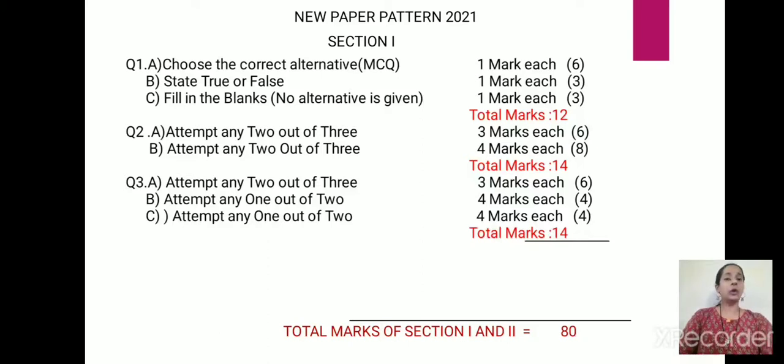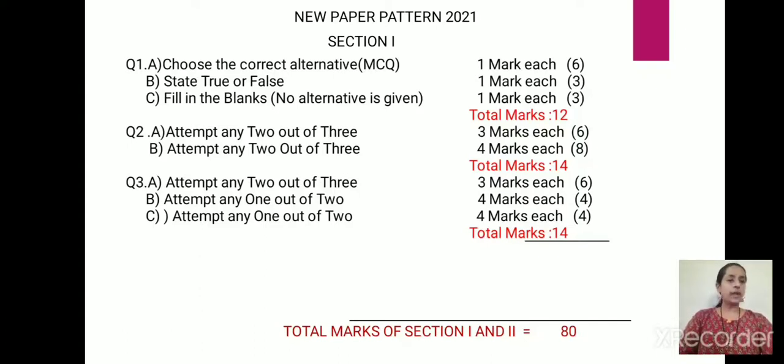Now an important thing in question 3. The question 3b and question 3c can have activity based questions that are given in the textbook also. So the type and pattern of the examples in activity that can be asked is given. It may vary, but you may be asked either B or C or maybe both.